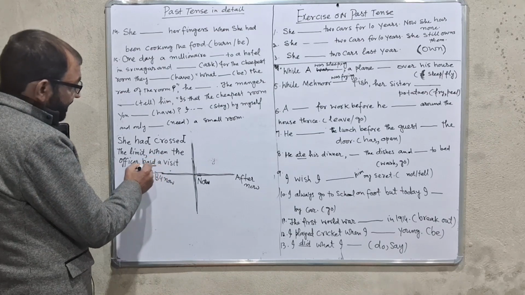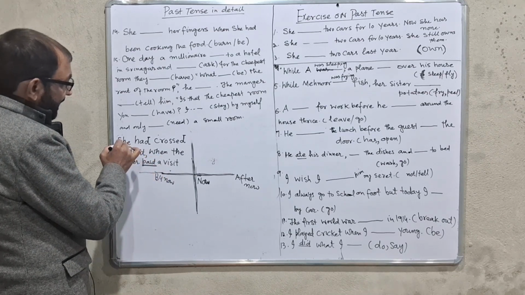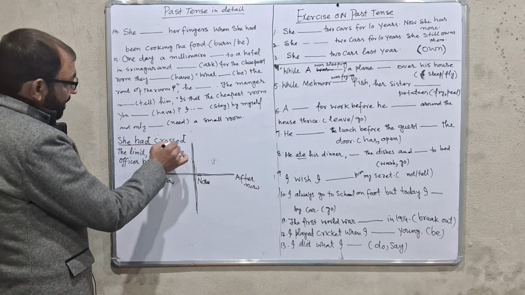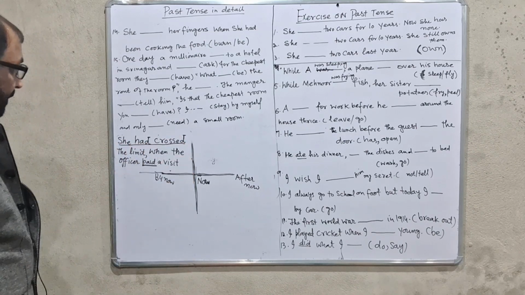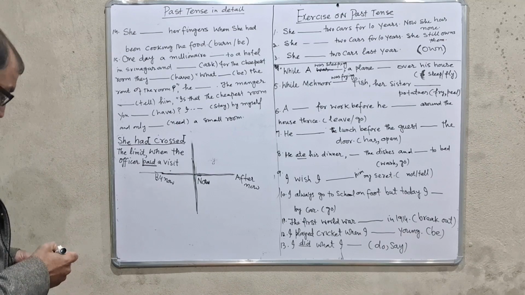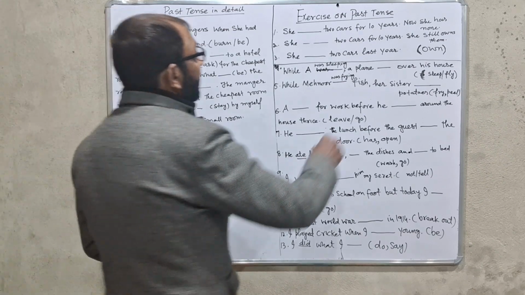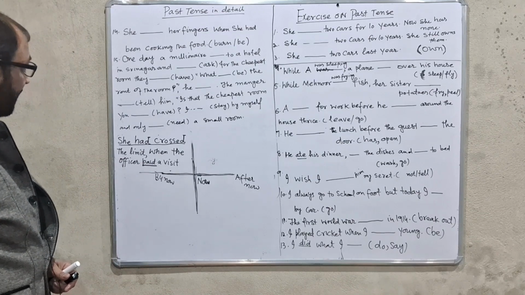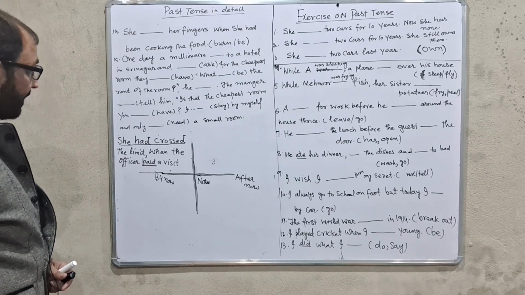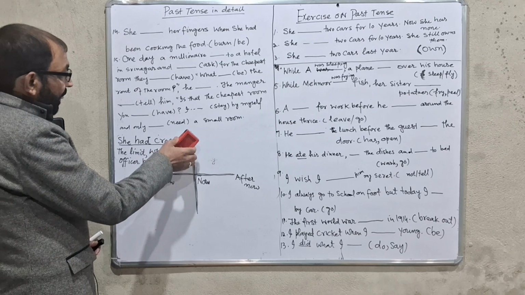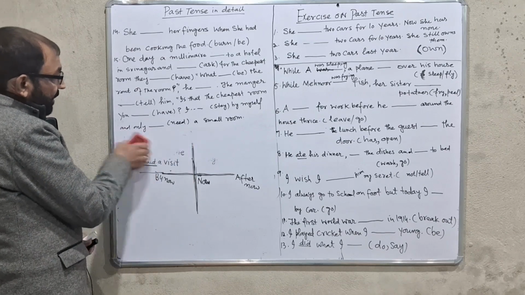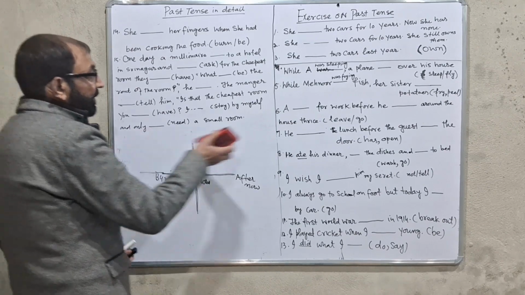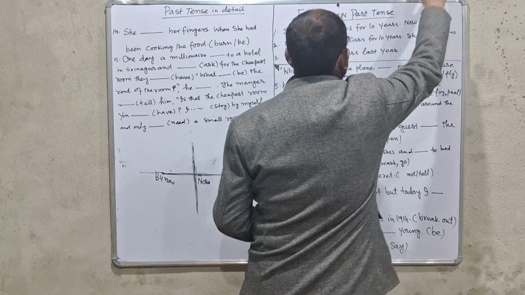Here again, past simple. In the first action, it is past perfect, meaning an action that is completed in the past when another action started. This was past perfect. Now, it is past perfect continuous.